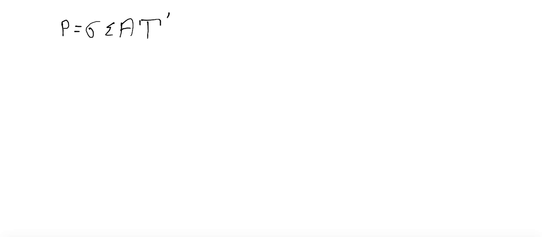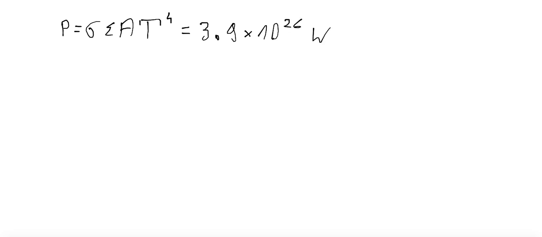We've assumed that the temperature of the sun is 5800 kelvins. The surface area of the sun was also given, I gave you the radius, and we obtained that the power emitted by the sun is 3.9 times 10 to the power of 26 watts.